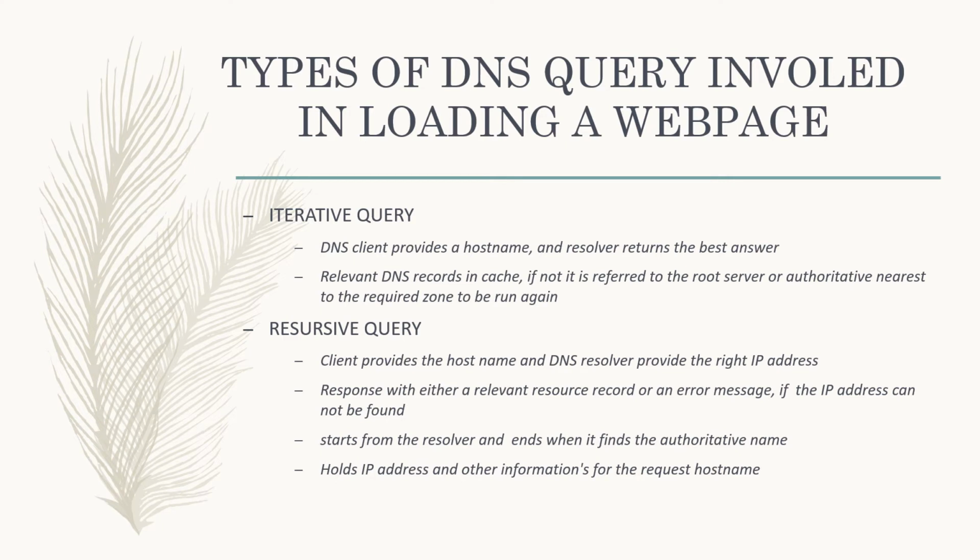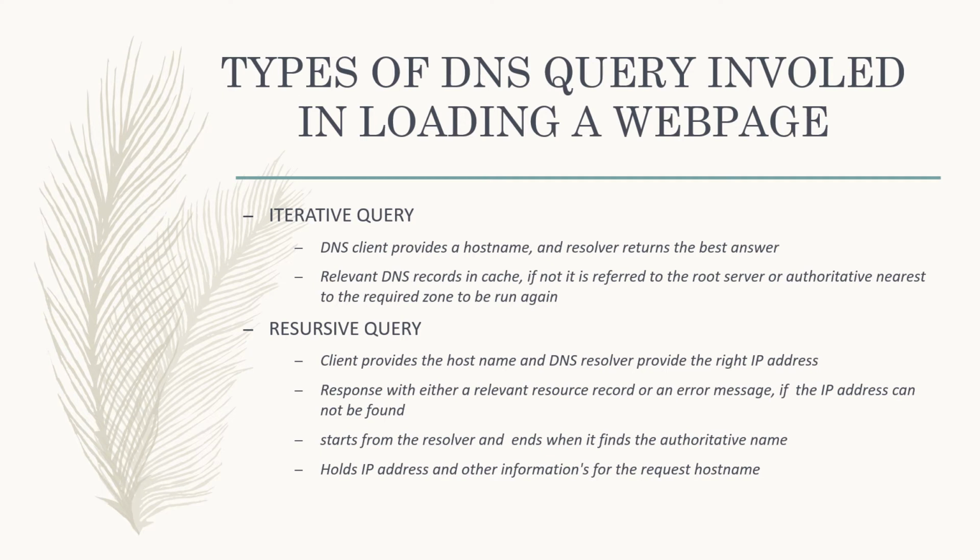With recursive query, the client provides the host name and the DNS resolver provides the right IP address. It responds with either the relevant resource record or an error message. So basically, with this one it is either or: I got the answer or I did not get the answer.